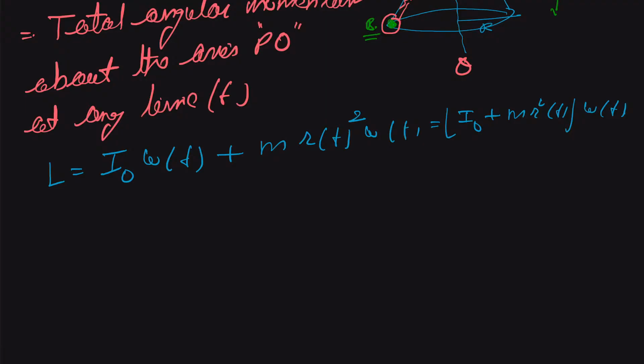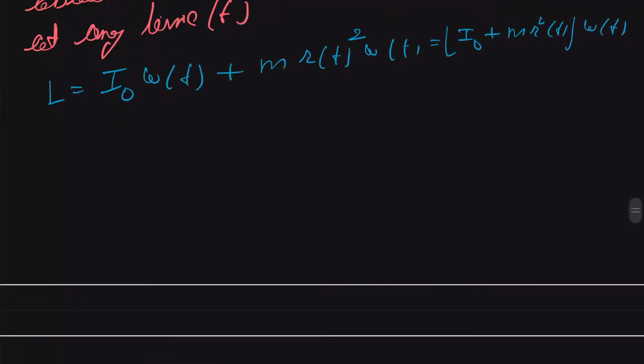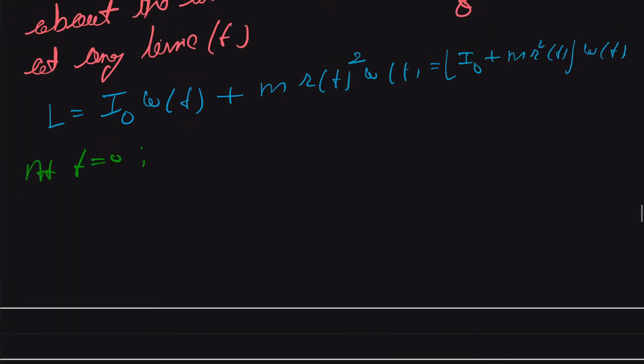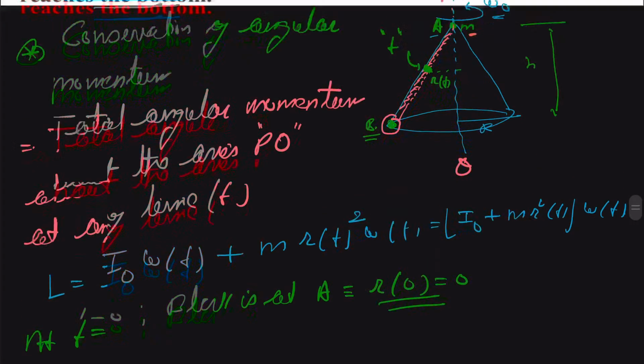So this is our total angular momentum. At t is equal to 0, we know that our block is at position A, and at position A the radius, that is r of naught, is equal to 0, because it is at the top.